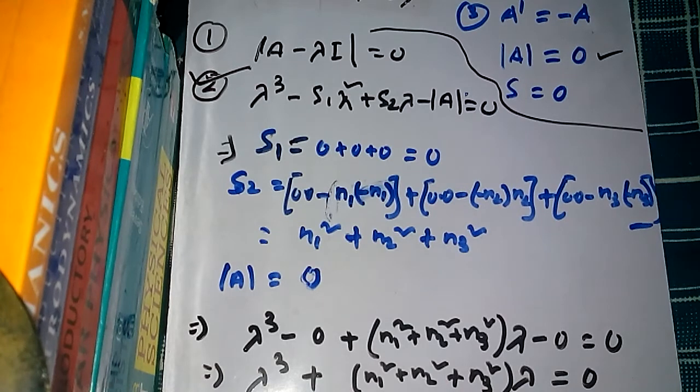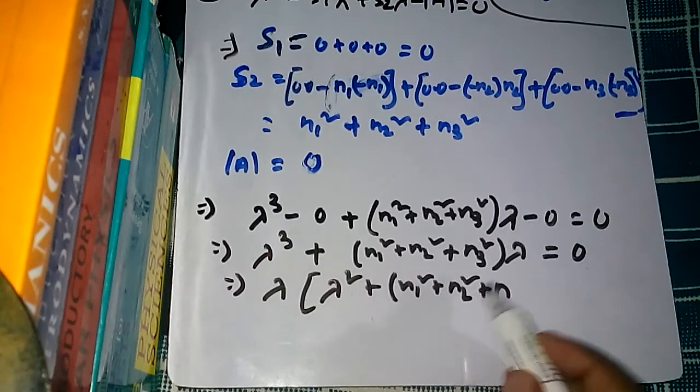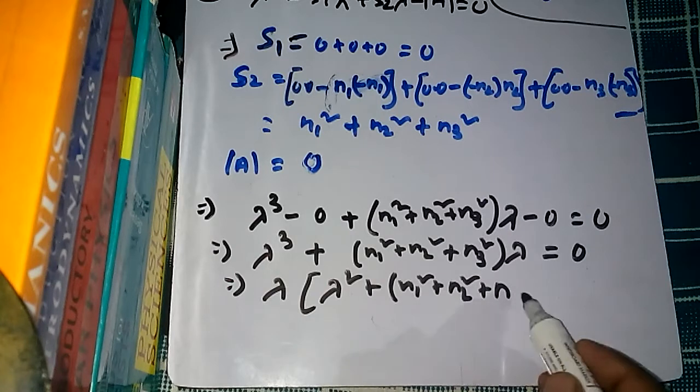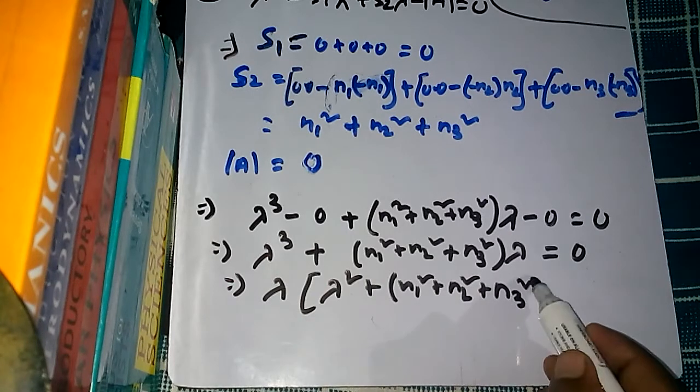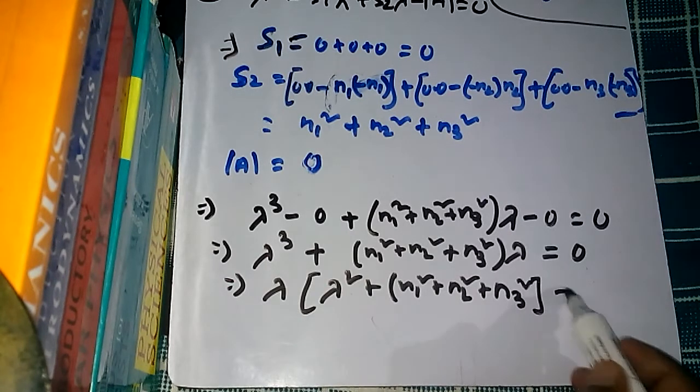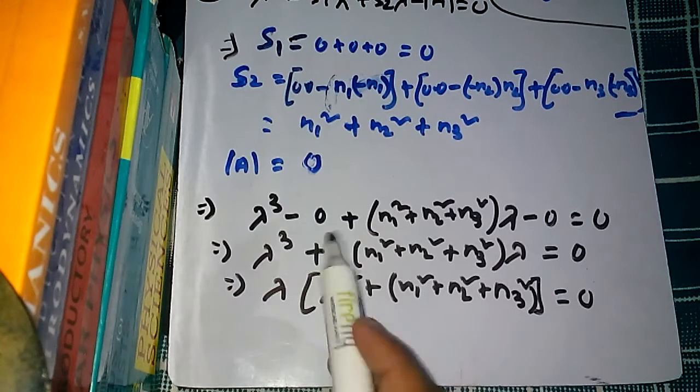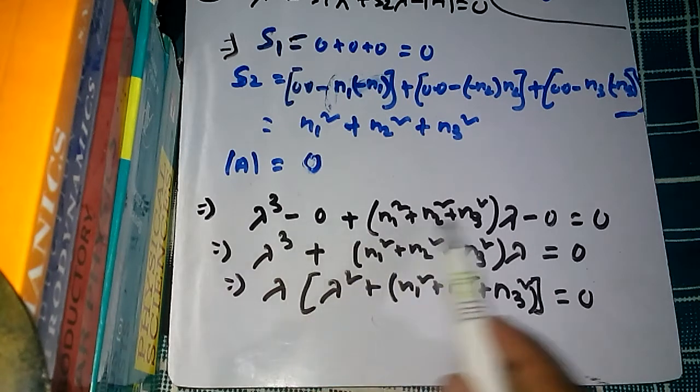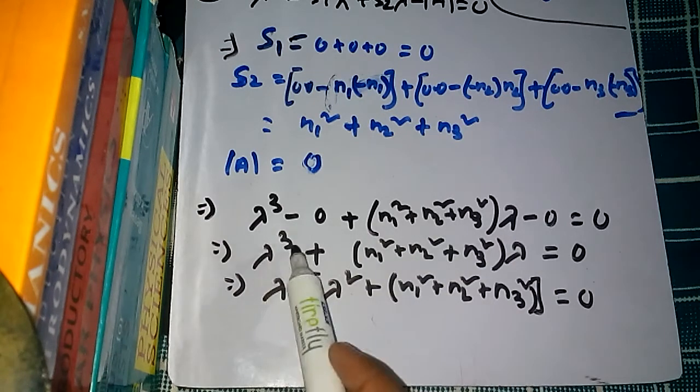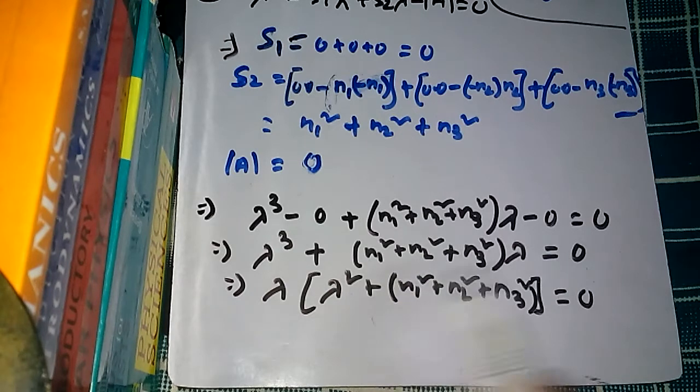If we take lambda as common, we have lambda into lambda square plus n1 square plus n2 square plus n3 square equals 0. What we have done is written this first, then lambda cube, which is just simplification, then taken lambda as common from both terms.